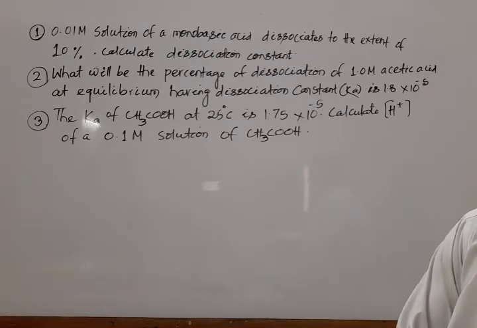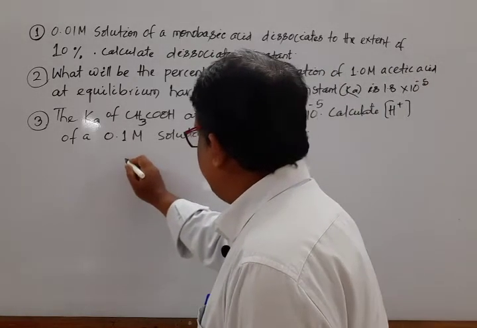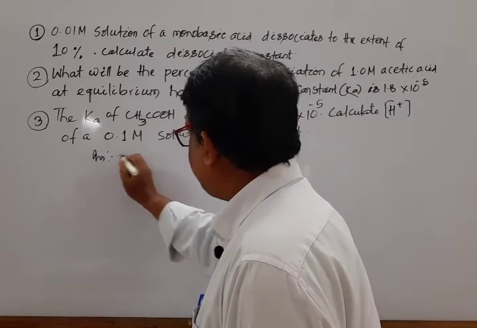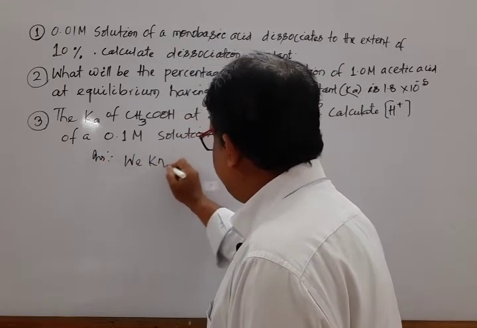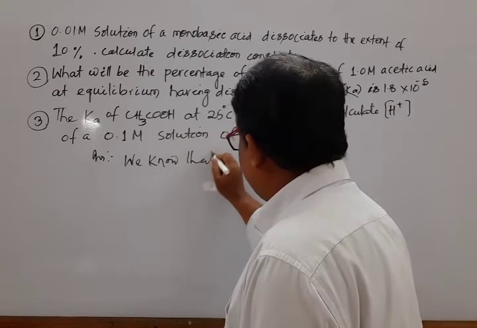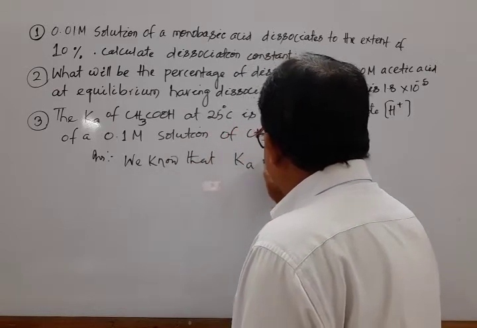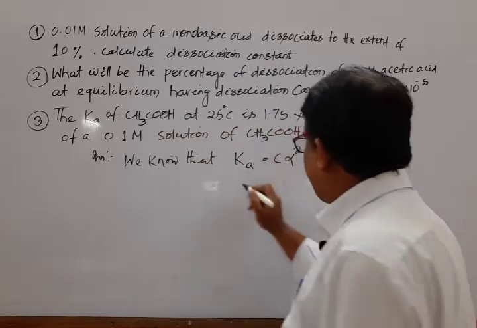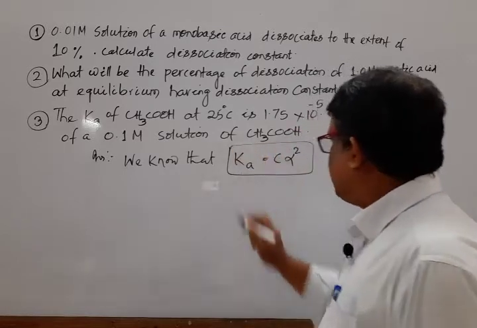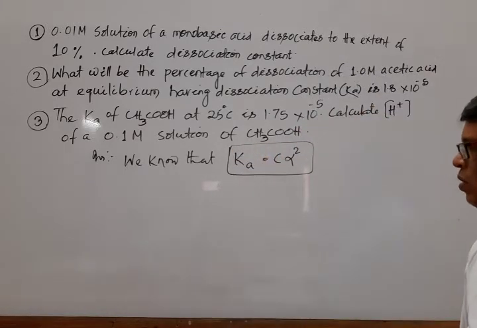We know the formula, for a very dilute solution of a weak acid, Ka is equal to C alpha square.